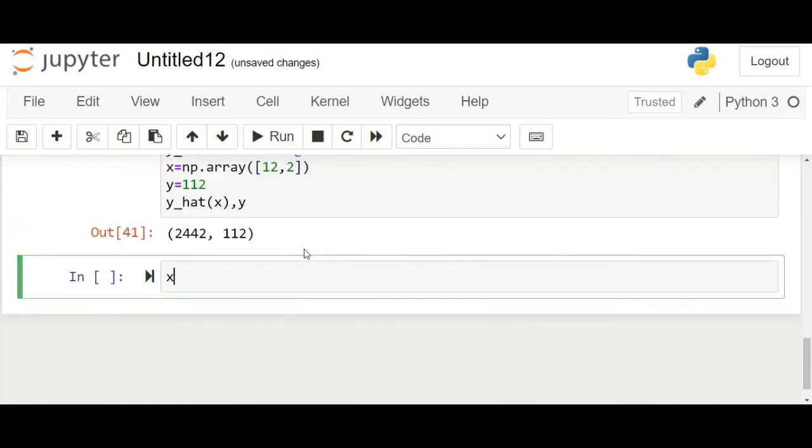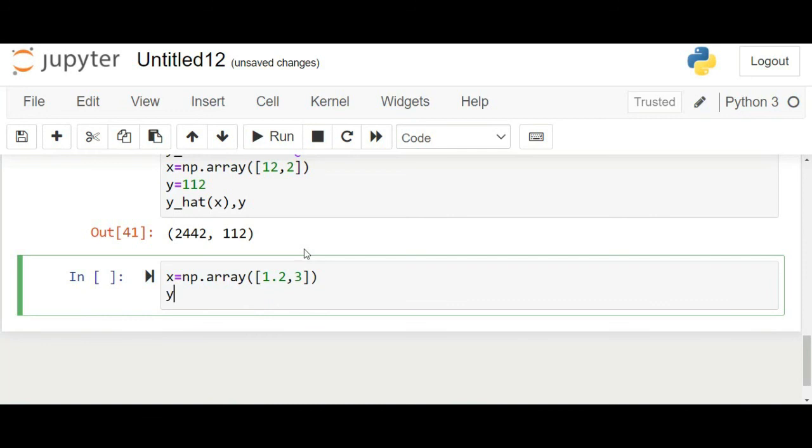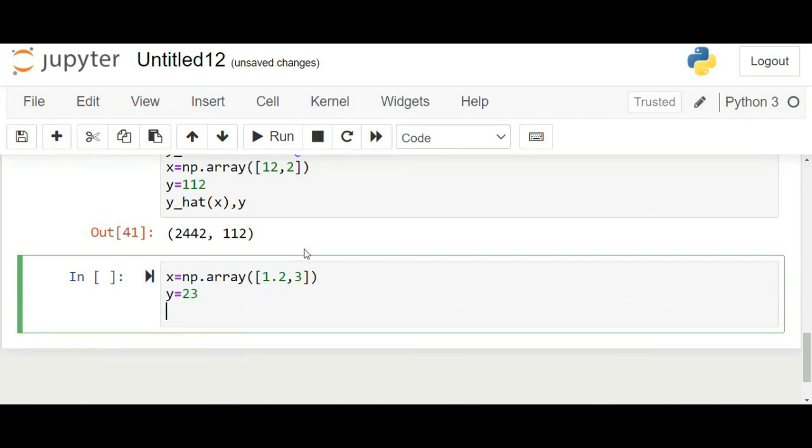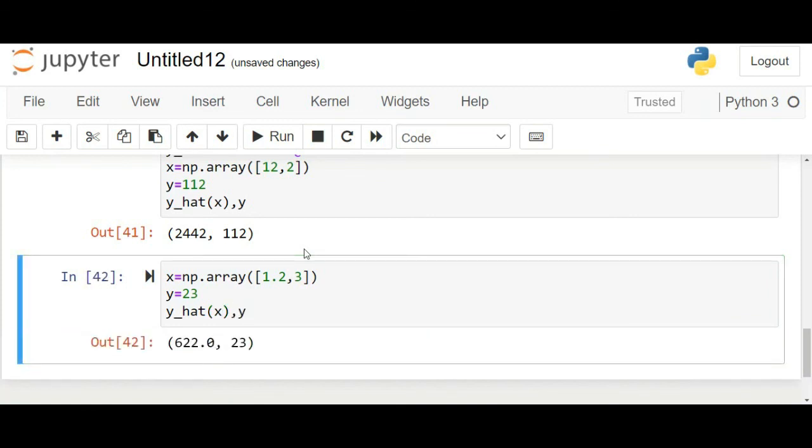Again I am taking x is equal to np.array, inside the parenthesis and then square bracket we will write 1.2 comma 3, and then we will take the value of y, which is equal to 23, and any value, y underscore hat of x comma y, and in this case our answer will be just like this.